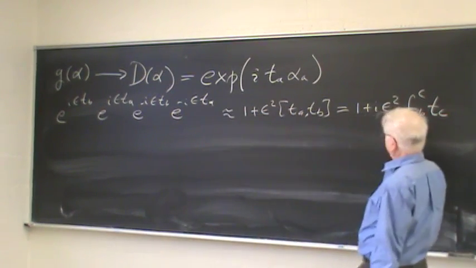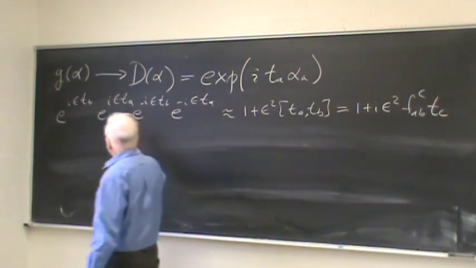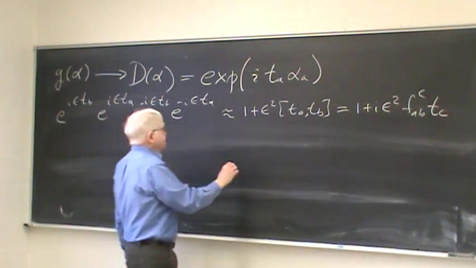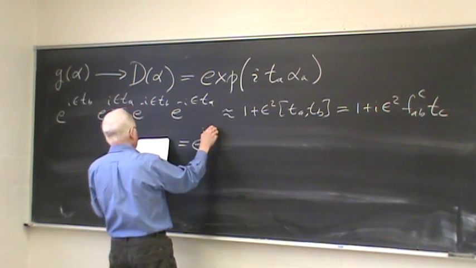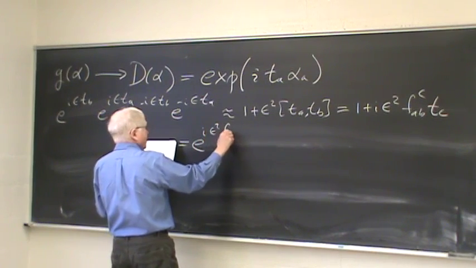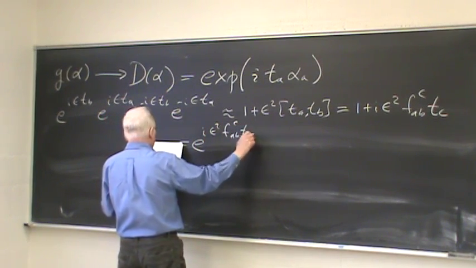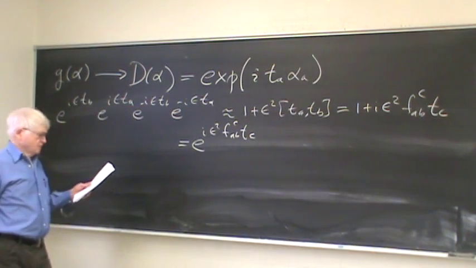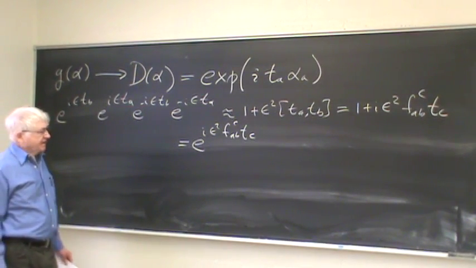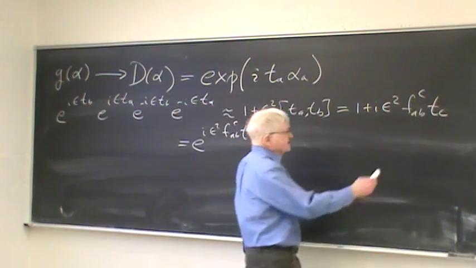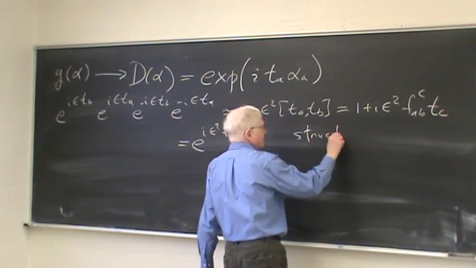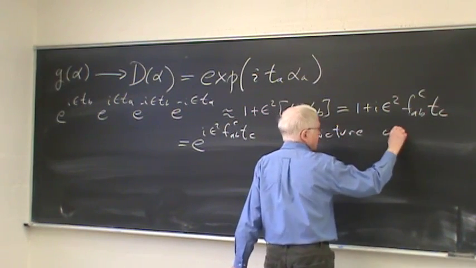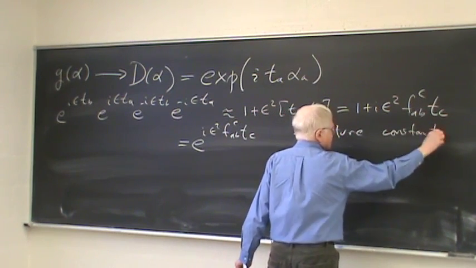This is the approximate form, but this form is exact, and this has to equal some e to the i epsilon squared f_{AB}^C T_C. Right. And so these constants f are called the structure constants. Every group has them.